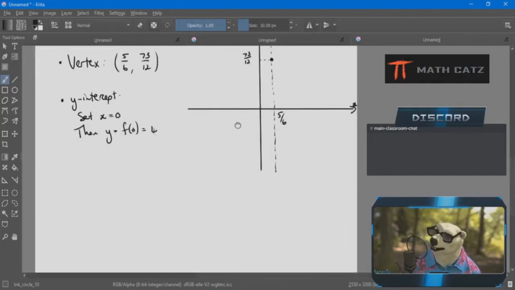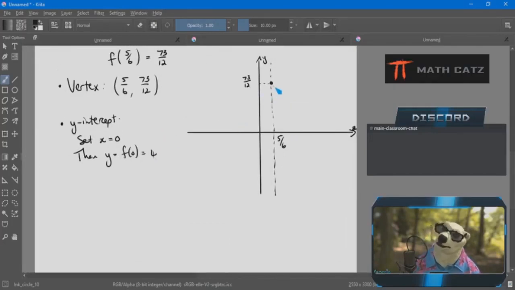So now I know I don't have a parabola that's too narrow. I'm going to cross maybe somewhere over here. I don't care about the scale or anything. I'm just going to mark it off, and that's 4. Now I just want to make sure my parabola is round at the vertex.